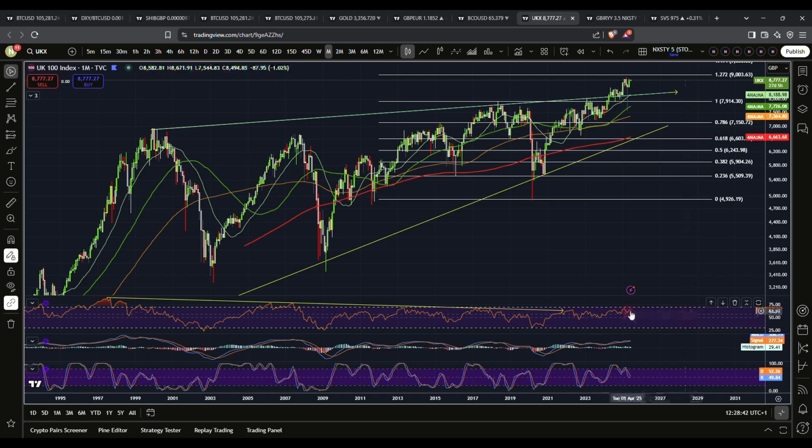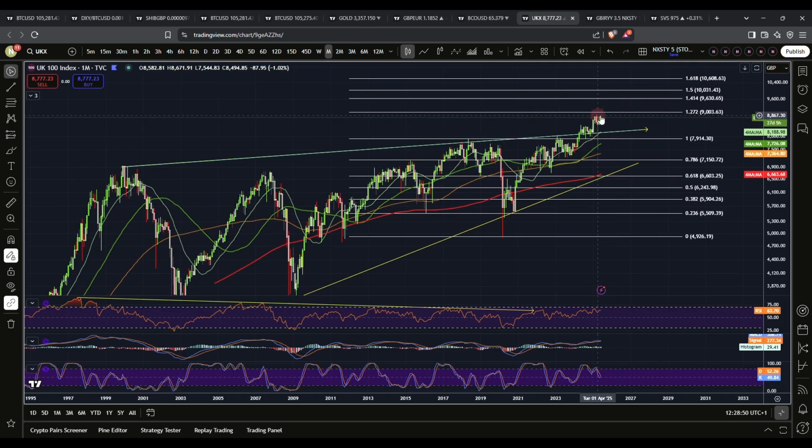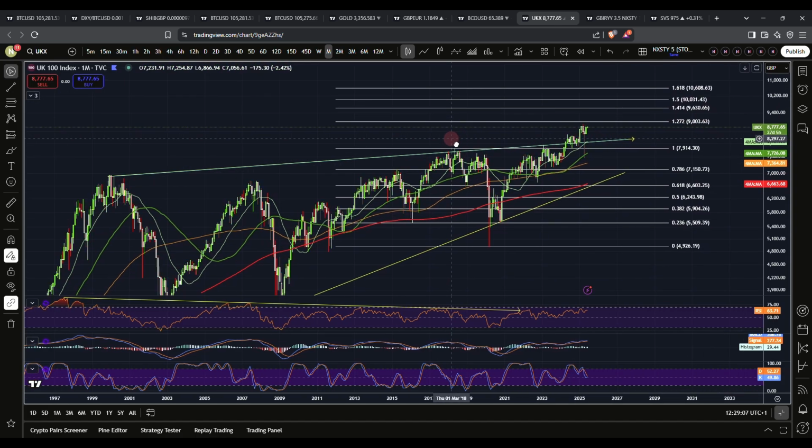But here we can say considerably that the market is not overbought. There's still a chance for the UK market to keep going up, and I believe it can actually reach the 1.6 Fibonacci level, which would be 10,000 pounds for a share in this case.